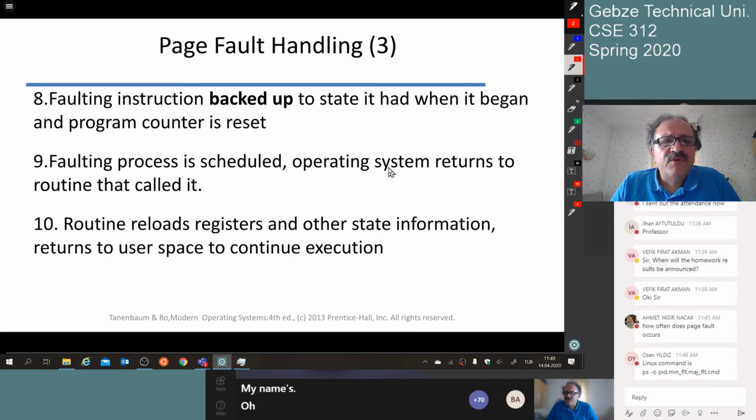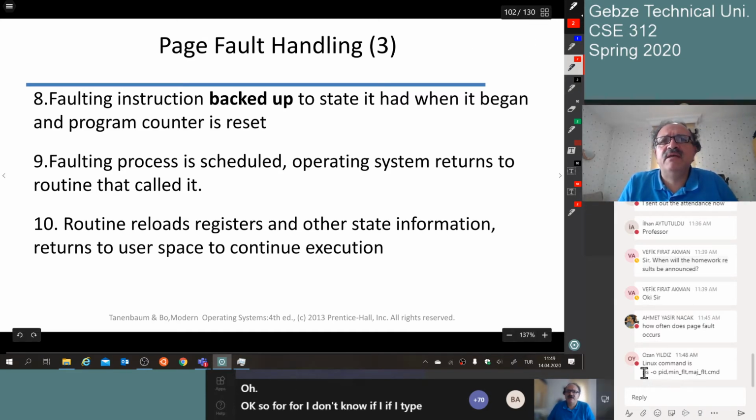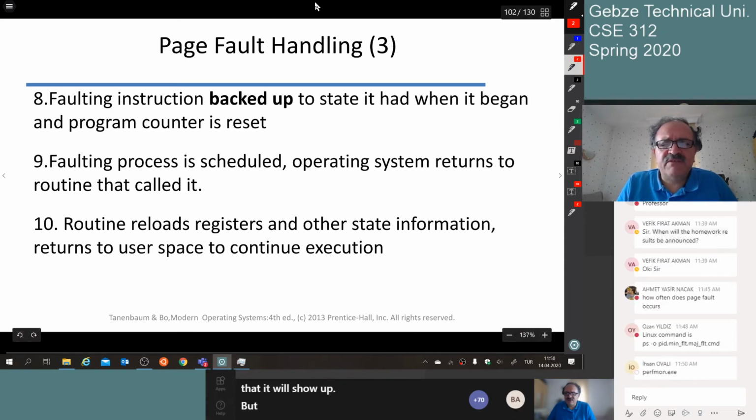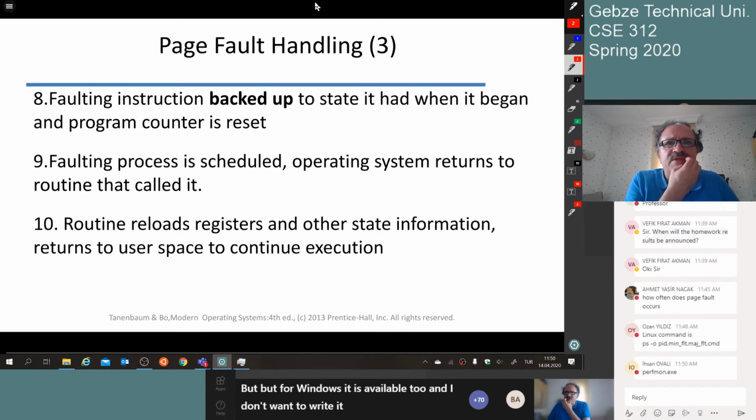Okay, I don't have Linux. If I type that in on my Linux emulation, I don't think that it will show up. But for Windows it is available too, and I don't want to spend time on it, so you find it.